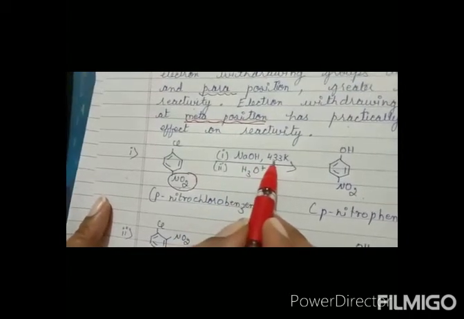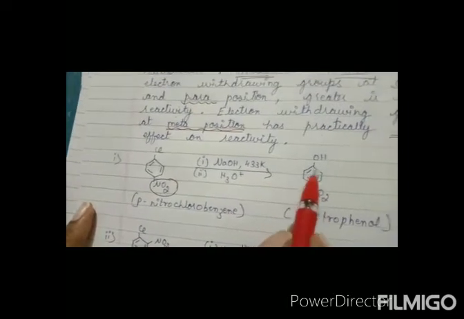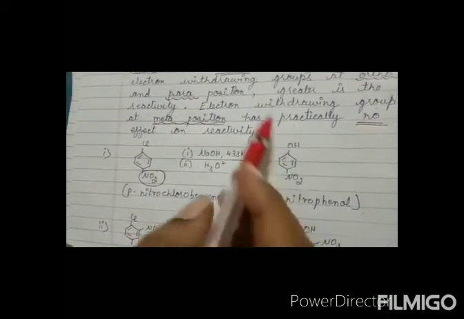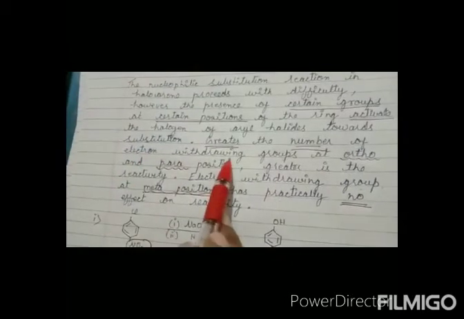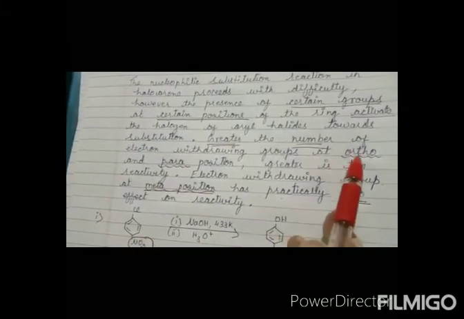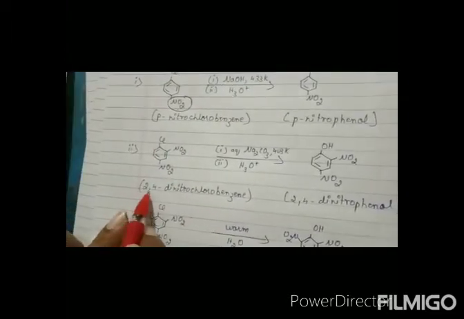The temperature is 433 Kelvin, and we get the substitution reaction where the chlorine is substituted by an OH group. Right? Again I repeat, greater the number of electron withdrawing groups at which position? At ortho and para. So in this example we have seen the para position where only one electron withdrawing group is present. Let us see the next example.